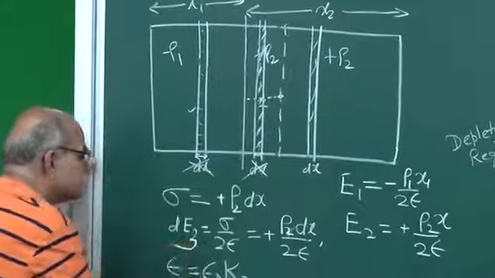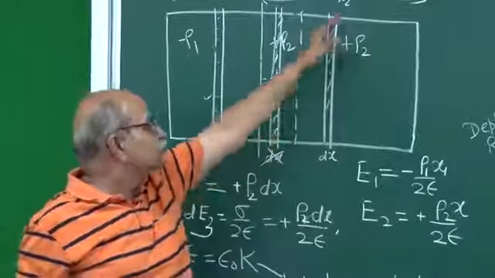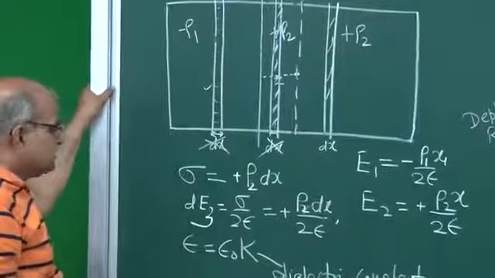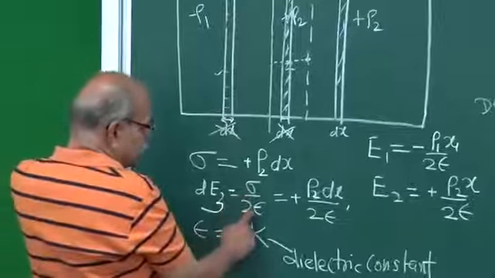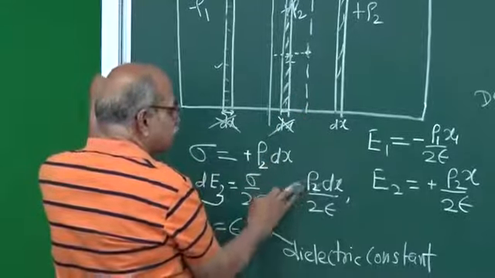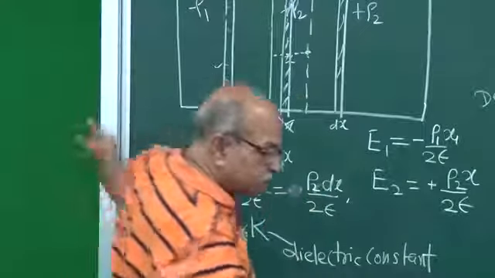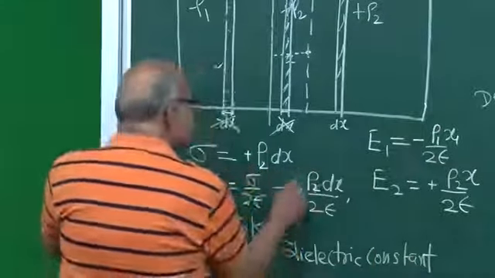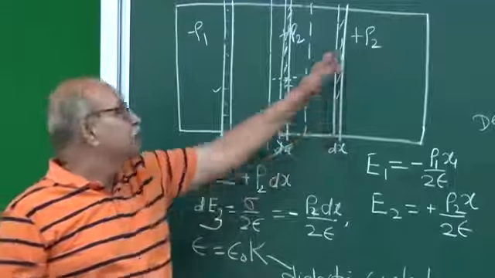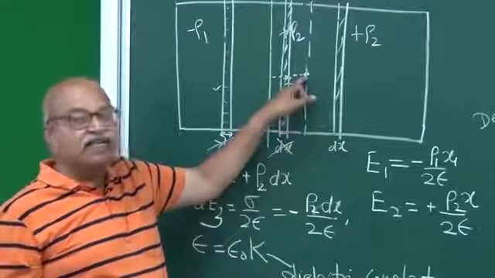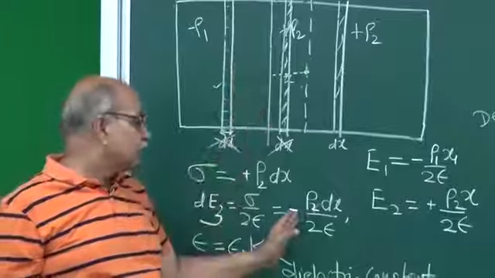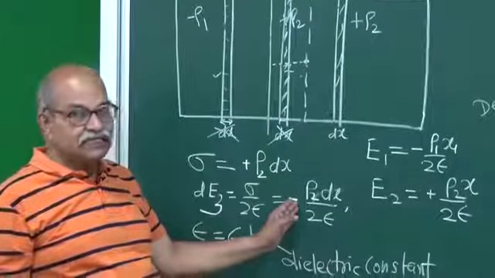The sigma remains the same because this is plus rho 2, so rho 2 times dx. dE3 is rho 2 dx over 2 epsilon, but now it will be in the negative direction, because you have positive charges here and you want the electric field here. Because of the positive charges, the electric field will be towards the left. So we put a minus sign here. That will be dE3.